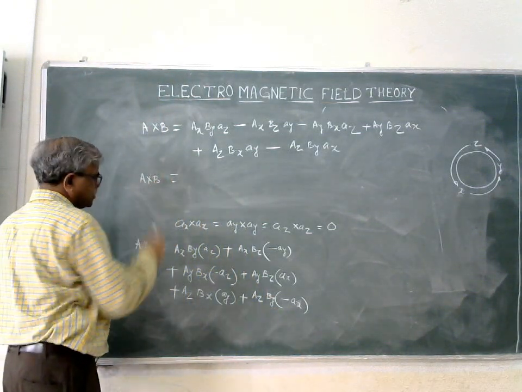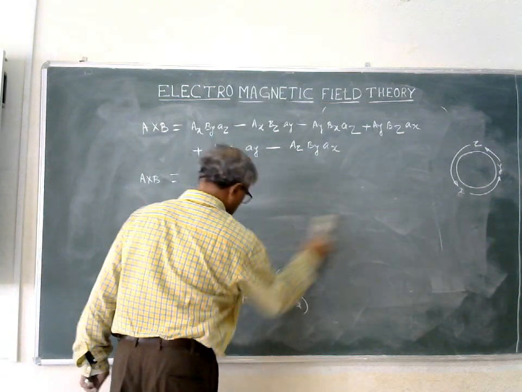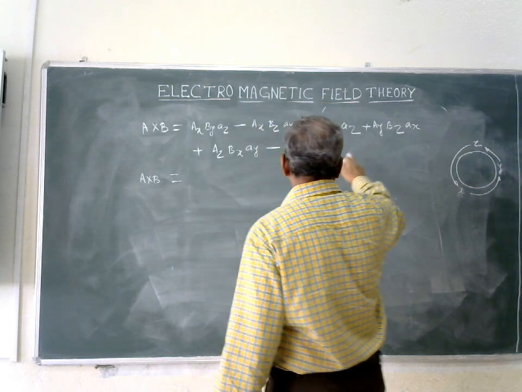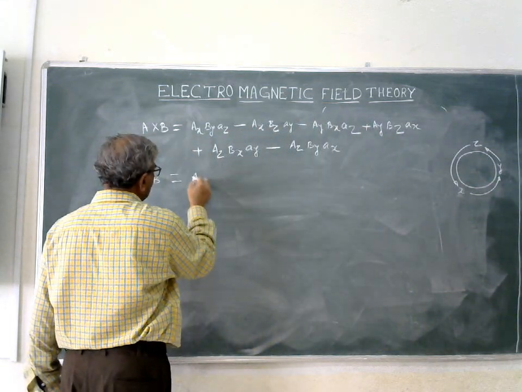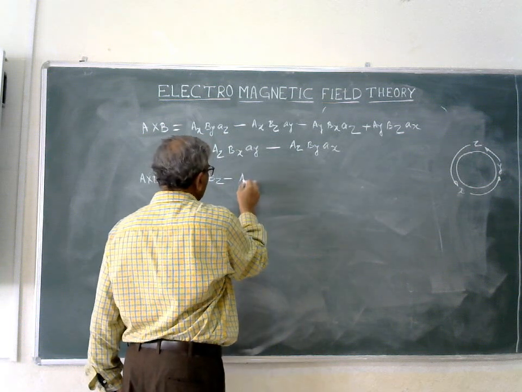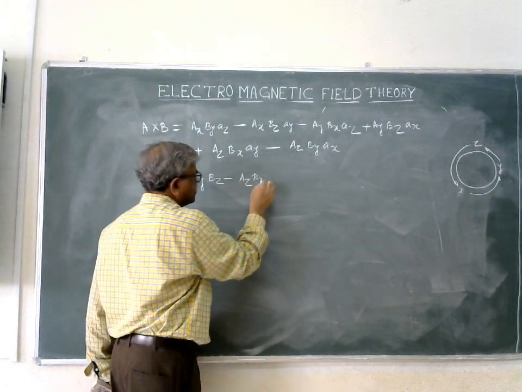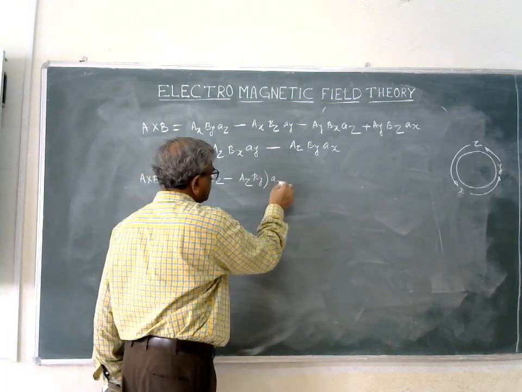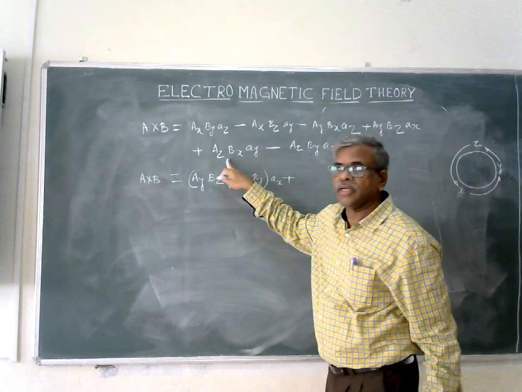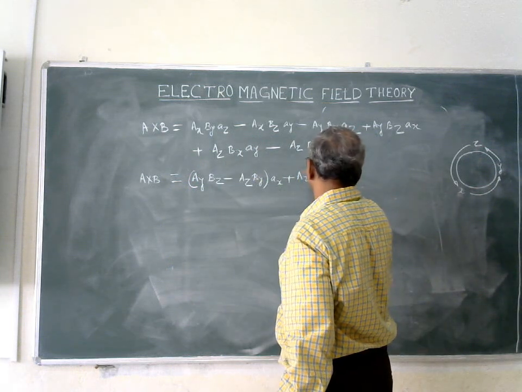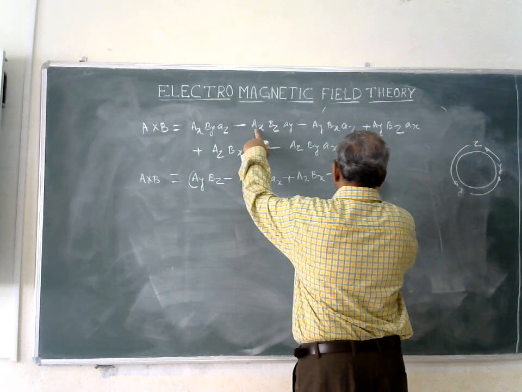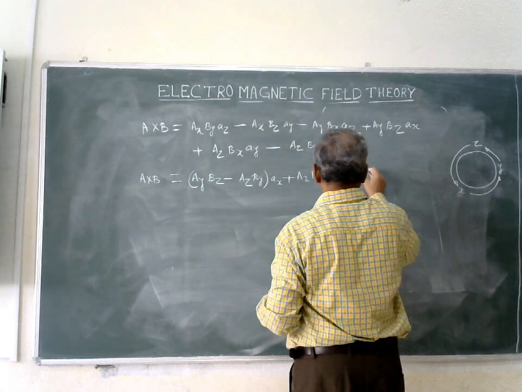So A cross B is equal to, with ax taken common, (Ay Bz minus Az By) into ax, plus (Az Bx minus Ax Bz) into ay.